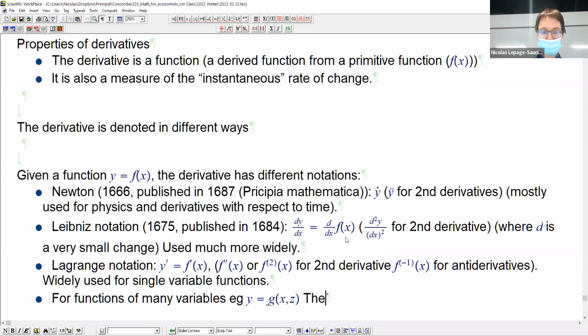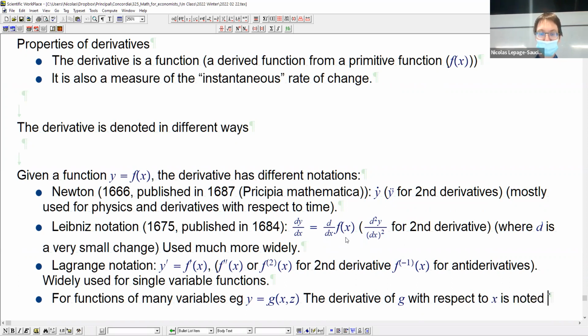So the derivative of g with respect to x is noted this way.